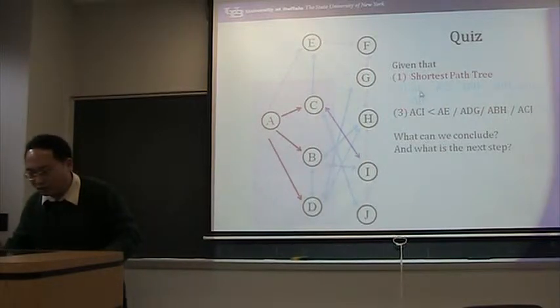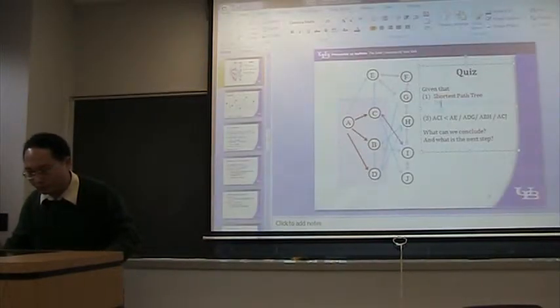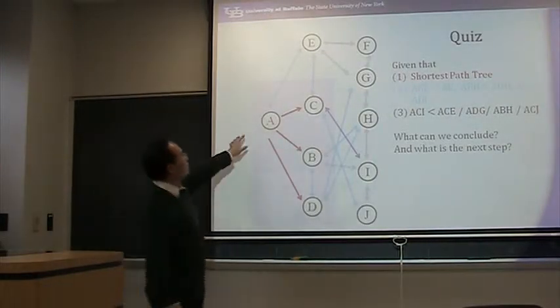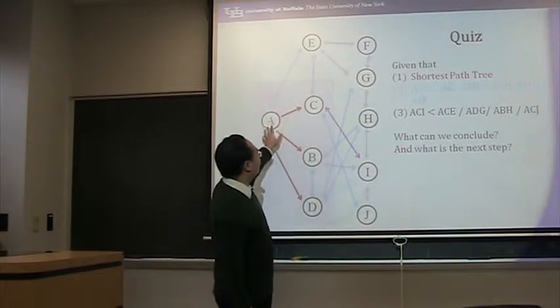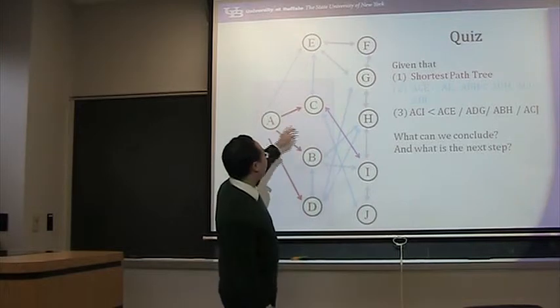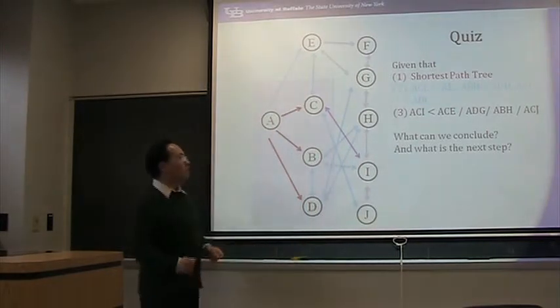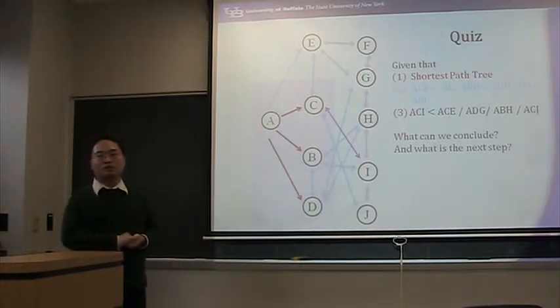So let me say that ACE is less than AE. So ACI is less than ACE or ADG, ABH, and ACJ.